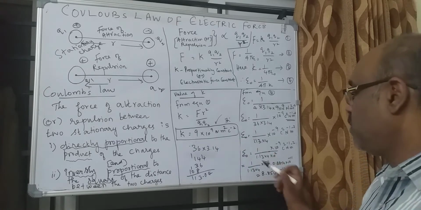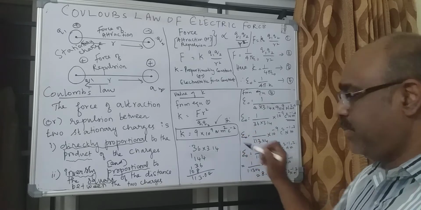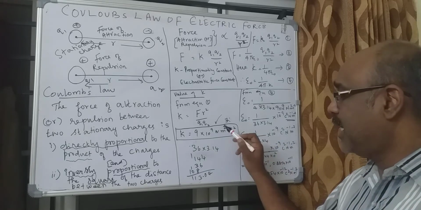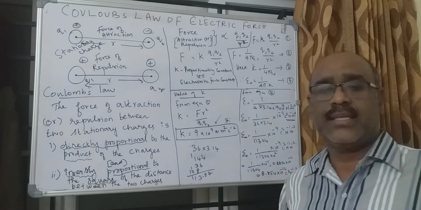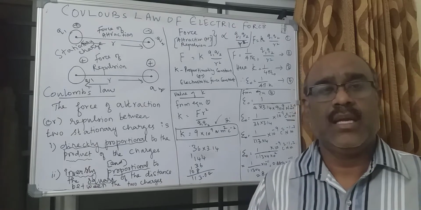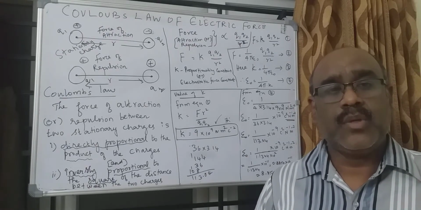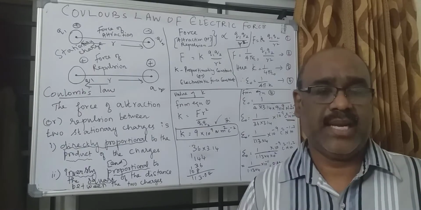So, these two values we have to keep in our mind along with the SI unit. So, I hope that in this class you could have come to know what Coulomb's law states.